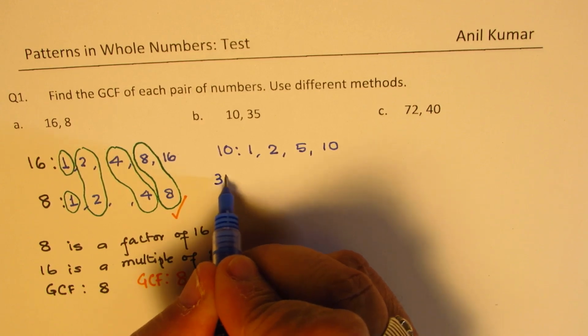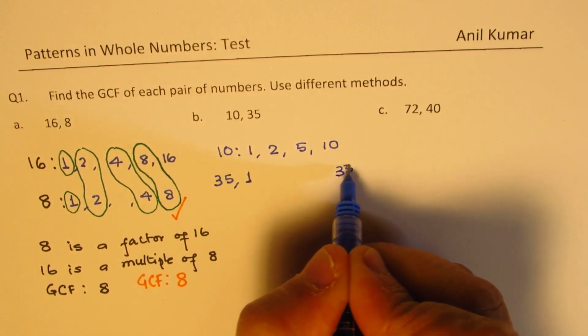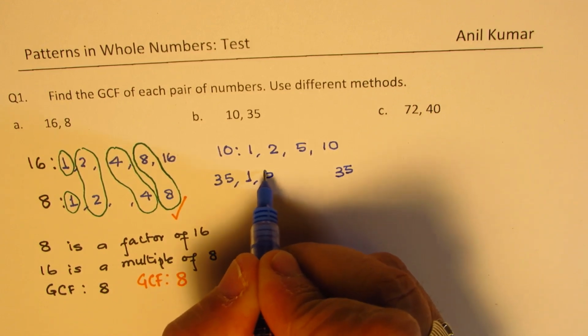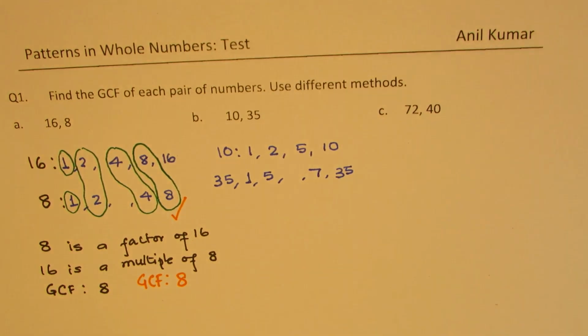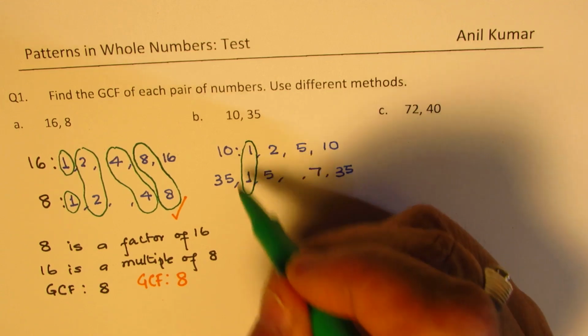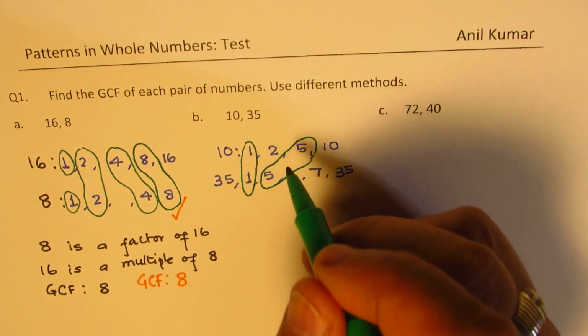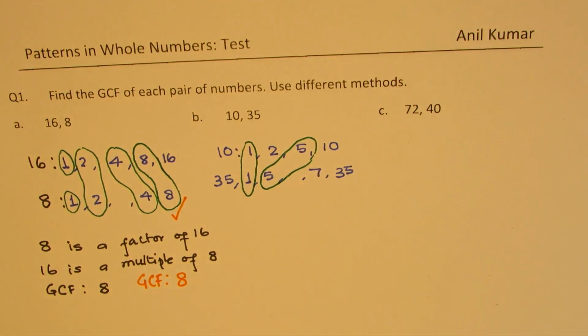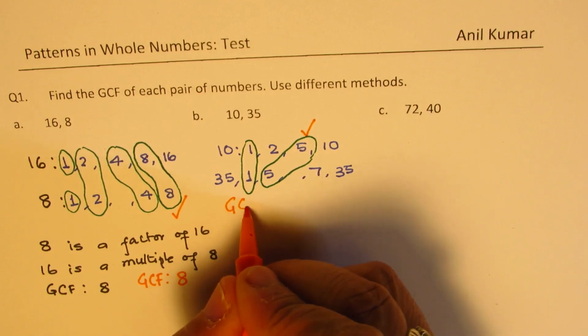As far as 35 is concerned, 1 times 35 is 35, and 5 times 7 is also 35. So if you match this, what we see is 1 is always a common factor, correct? And the other common factor is 5. So these are the 2 common factors, out of which 5 is the greatest common factor.